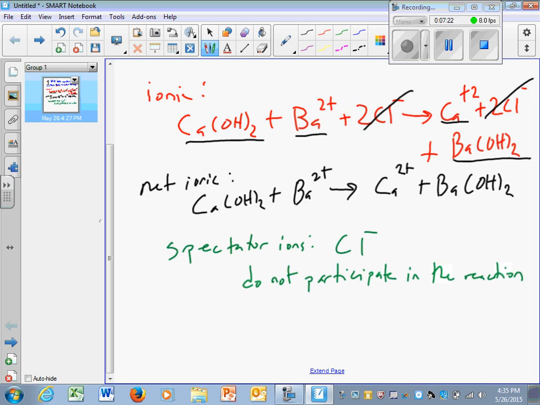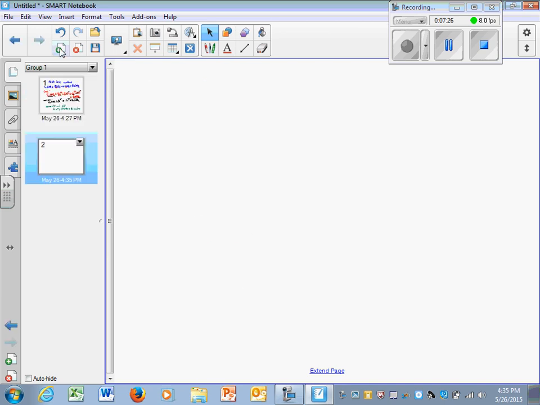Let's try another example just to make sure we have it straight. So we're going to look at one of my favorite reactions, sodium chloride plus, let's go with a fun one, potassium sulfate.